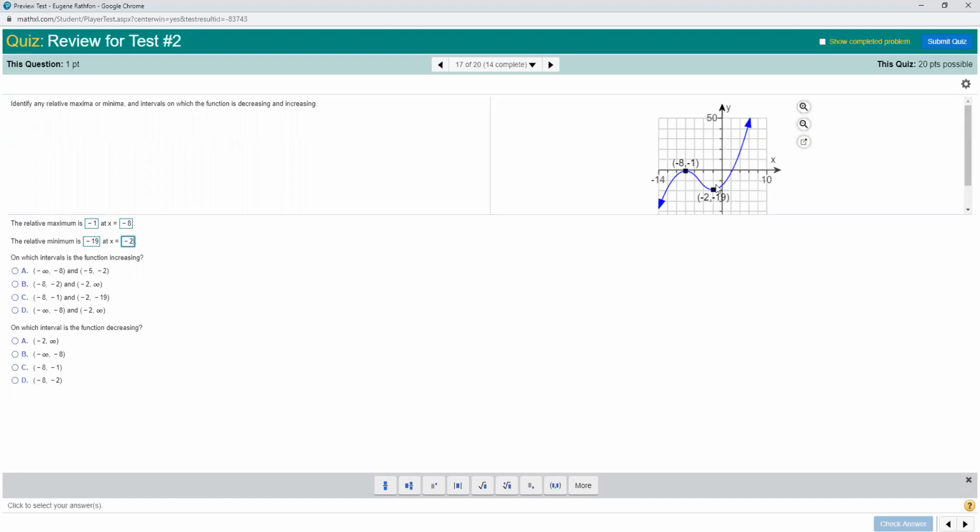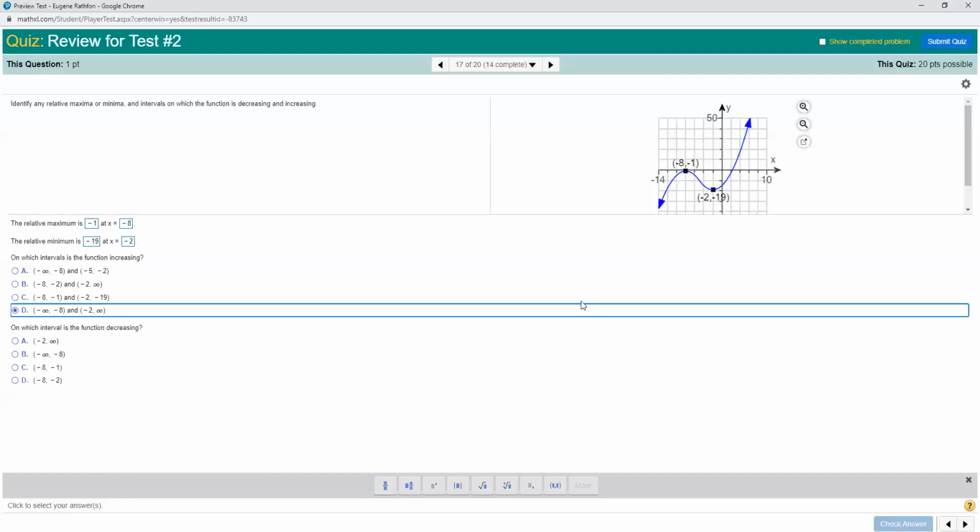And it starts going up right here at this x value of -2, and it's going up as I head towards infinity. So negative infinity to -8, and then -2 to positive infinity. So that looks like D for me.